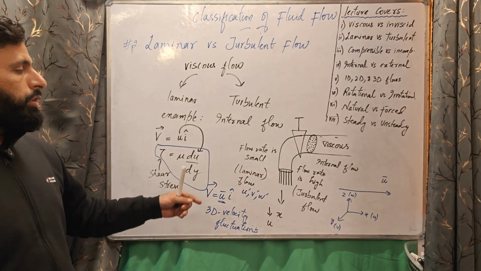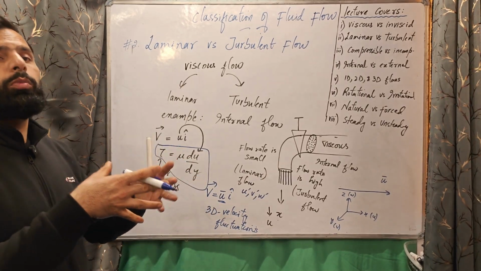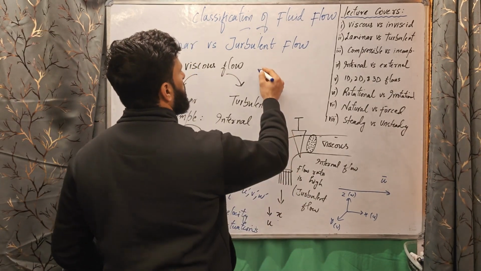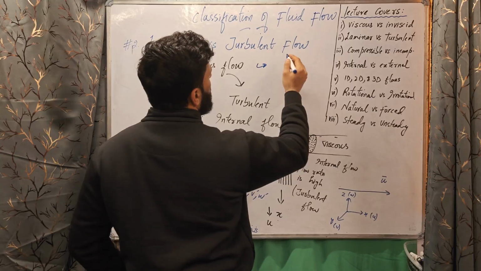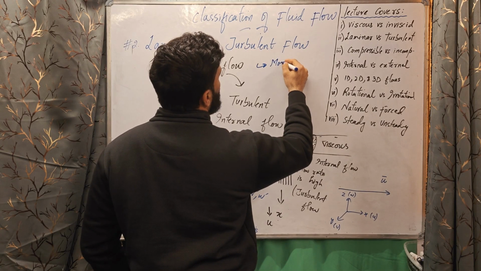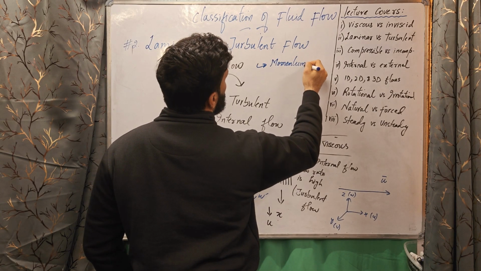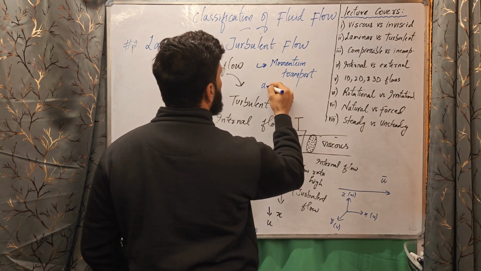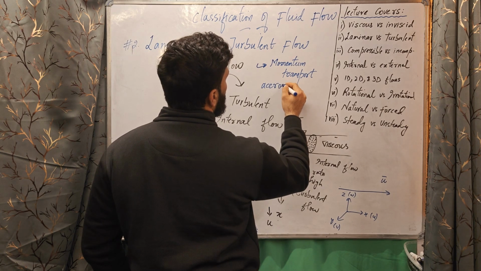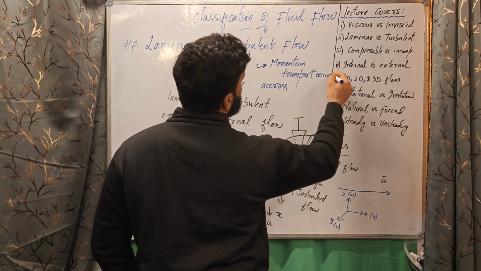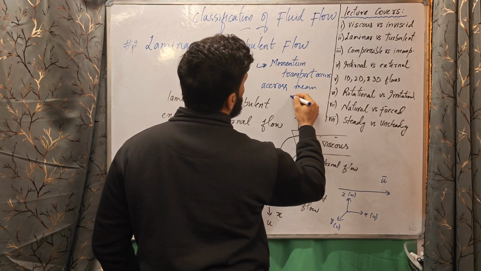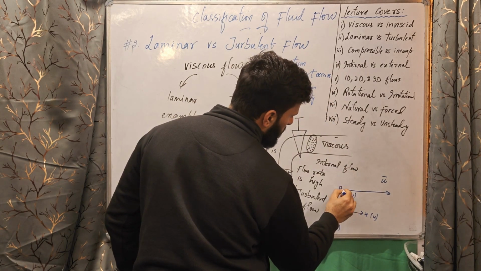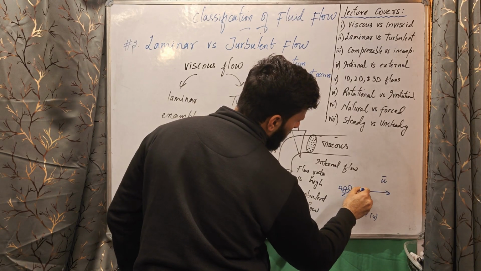And because of these three-dimensional velocity fluctuations, the fluid particles mix with each other, and due to this mixing, one thing happens: momentum transport occurs across the mean velocity. This mean velocity line, these velocity fluctuations occur like this.